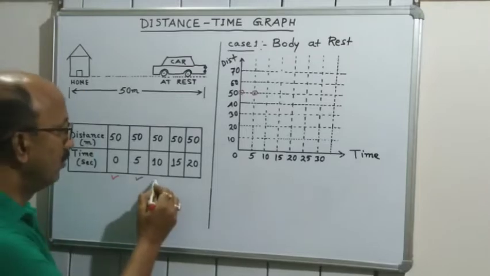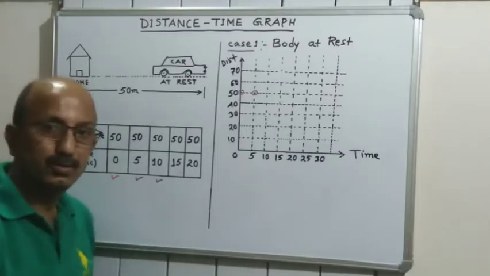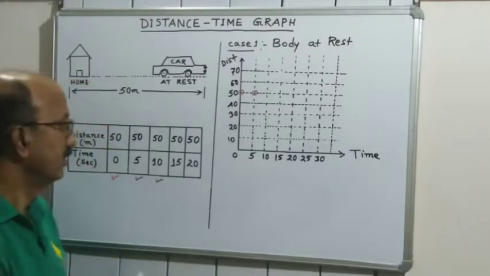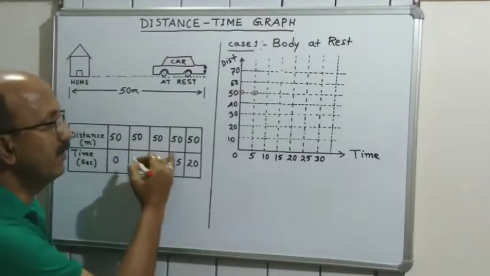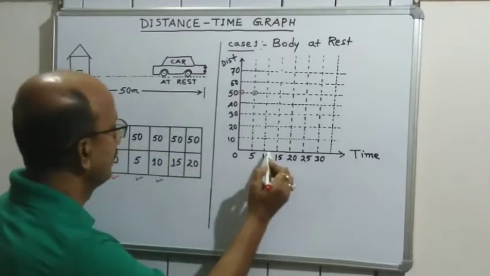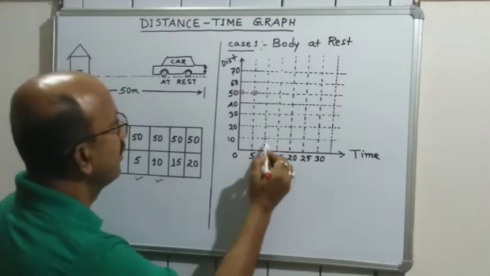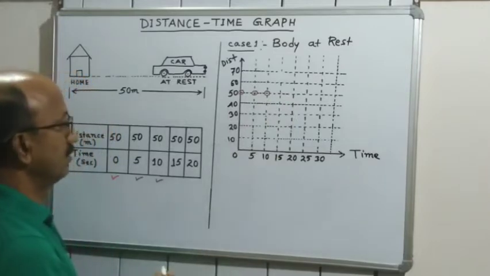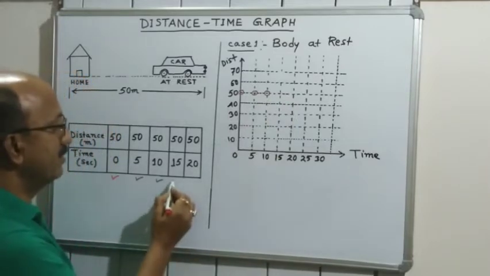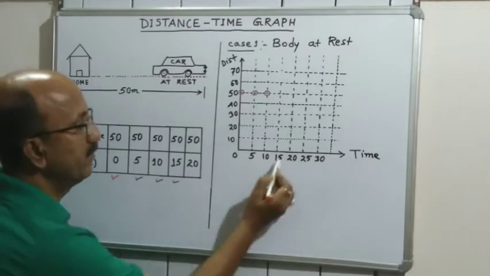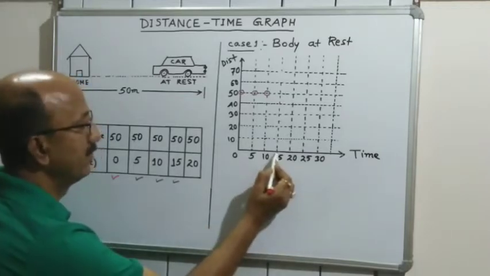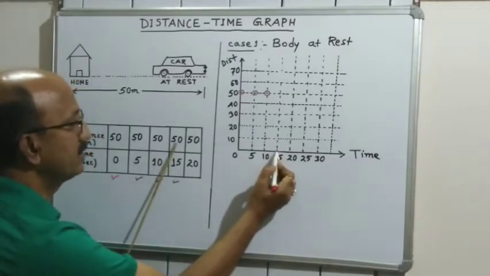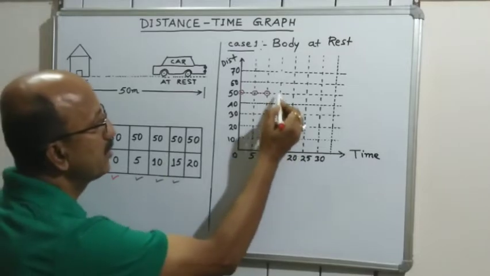Similarly, at time t equals 10 seconds, the distance of the car is still 50 because the car is at rest. So we keep on plotting this way. Next, at 15 seconds, the distance of the car is still 50, so again you plot it there.